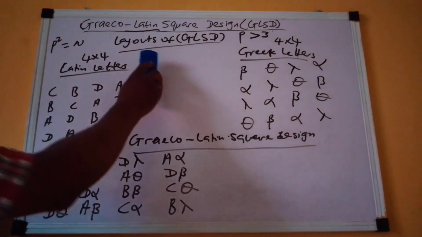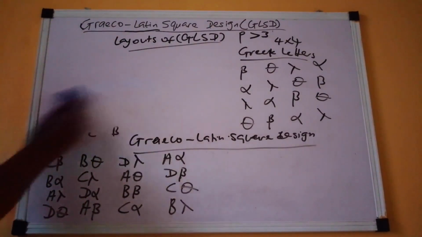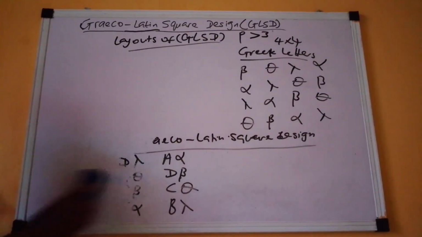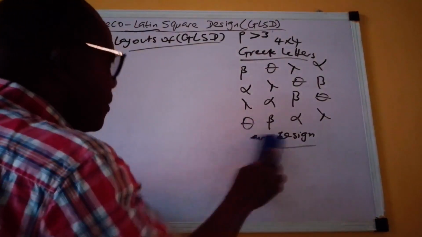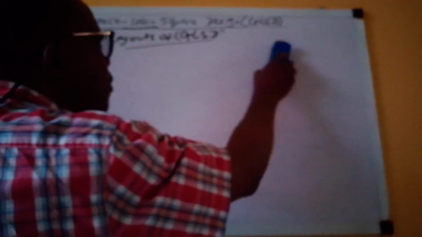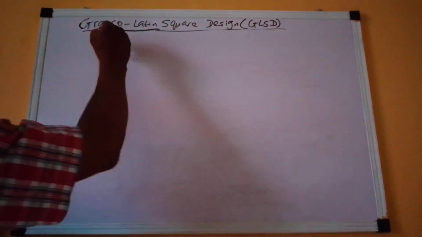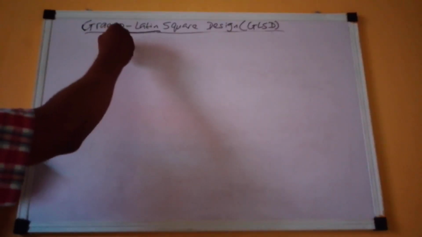So permit me to clean this. Then the next thing, we go to the ANOVA layout or format for the Greco-Latin square design. The ANOVA format is very, very important. ANOVA means analysis of variance.